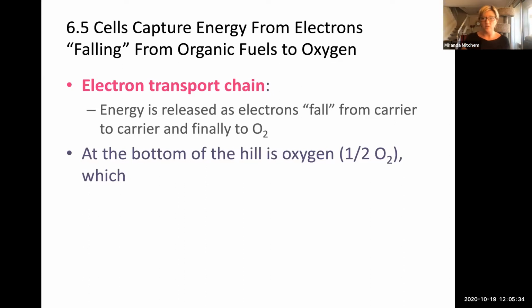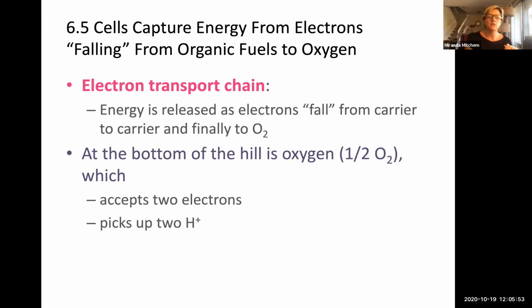It only has one O. This is one O. But we can't express it as just O because that is not a chemically stable molecule. It would not exist that way in nature. So it literally is 1/2 O2. It picks up the two electrons, in other words, hydrogens, and becomes reduced to water in a very controlled, step-by-step way, which prevents us from overheating to the point where we would denature our enzymes.